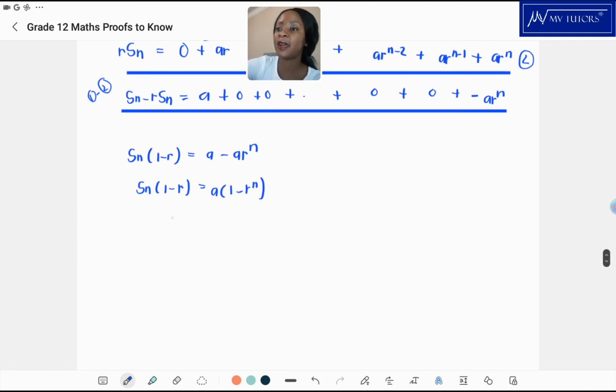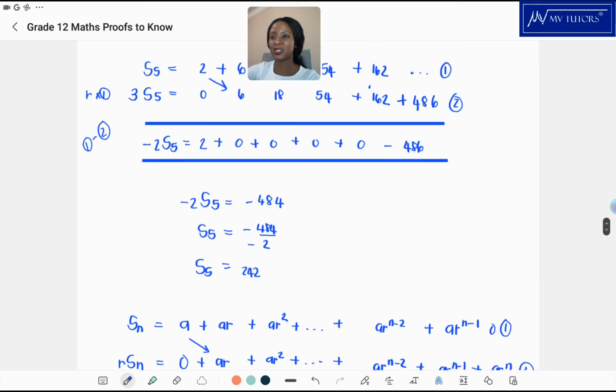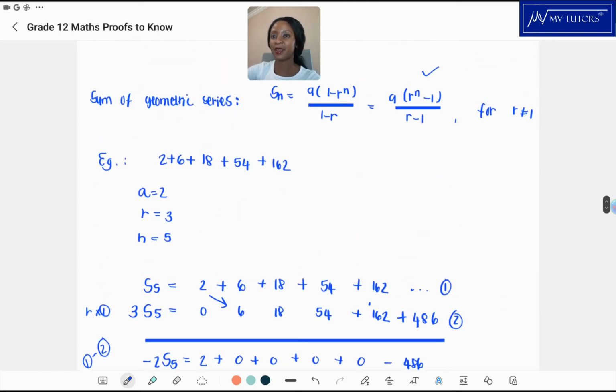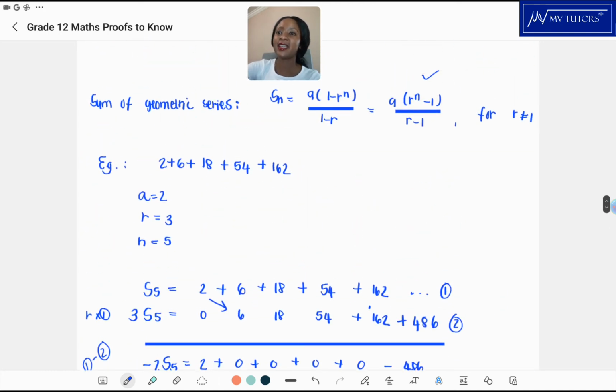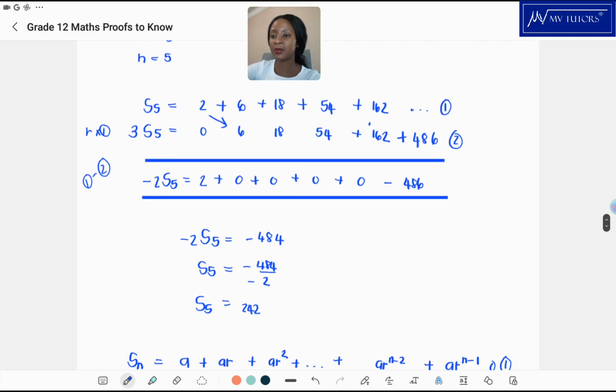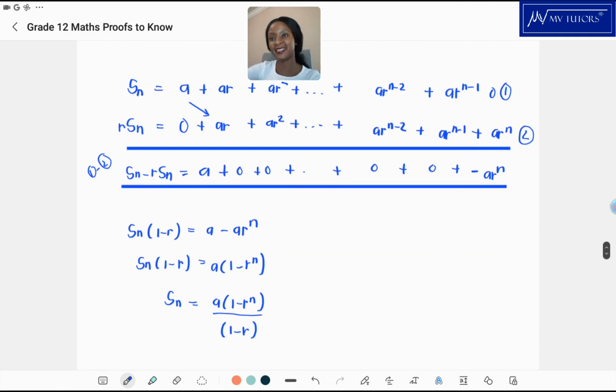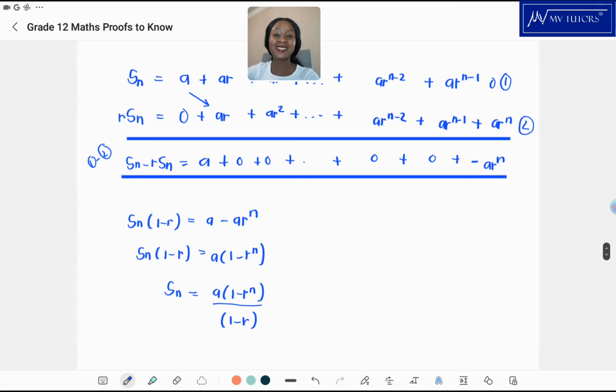And if I make Sn the subject of my formula, I would have a(1 minus r^n) over 1 minus r. And that looks like our equation over here. Yes, that is the one. So basically that is how you would prove the formula for the geometric series.